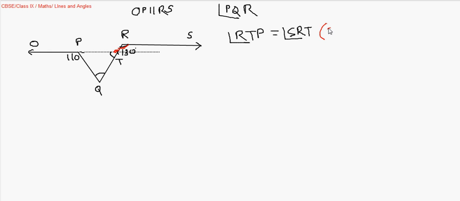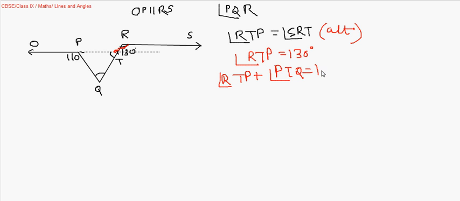So they are alternate, thereby making RTP 130 degrees. Now RTP plus PTQ will make 180 degrees because they make a linear pair, thereby making PTQ 180 minus 130, that's 50 degrees.